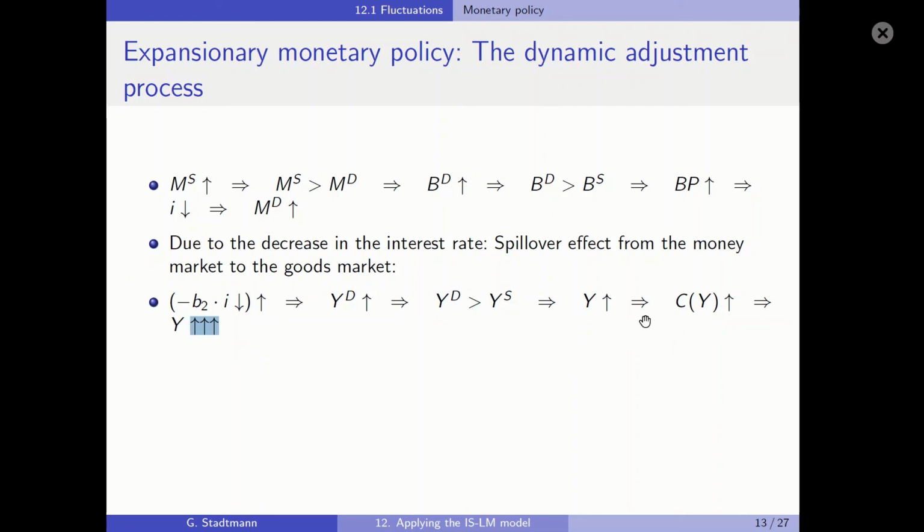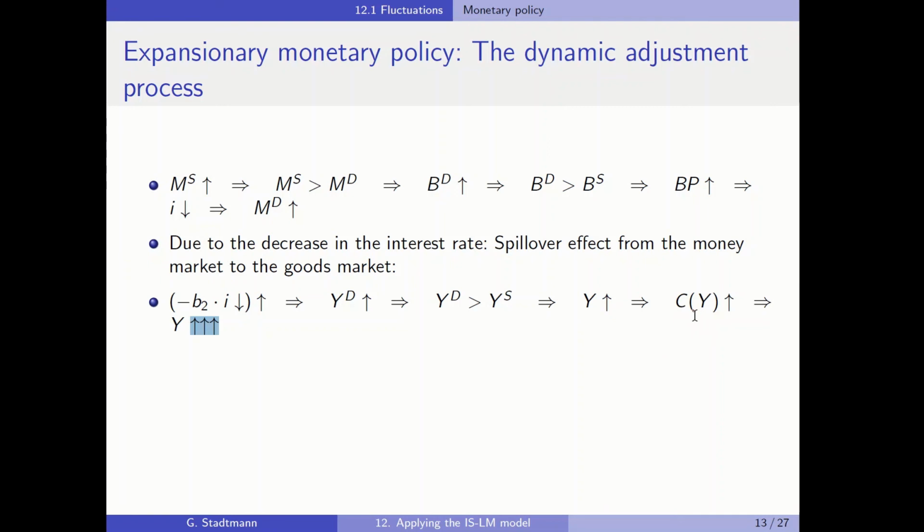What is important is that consumption increases through an indirect effect. So it's not the case that money supply directly affects consumption, but money supply through a very long chain of adjustments affects GDP, so that income is affected, and then consumption will pick up.